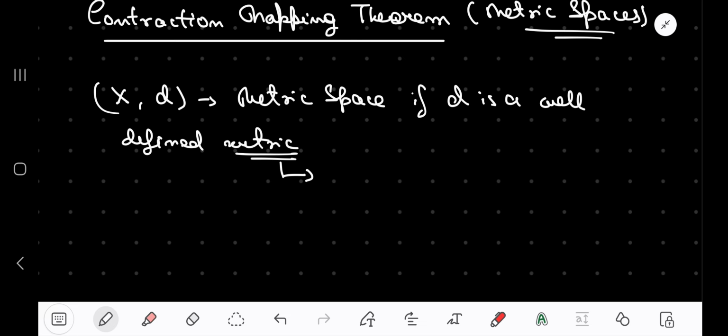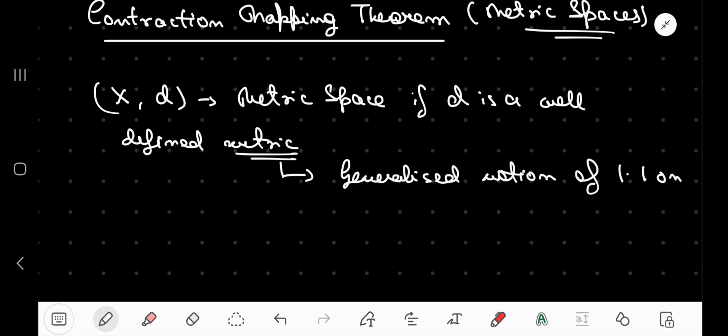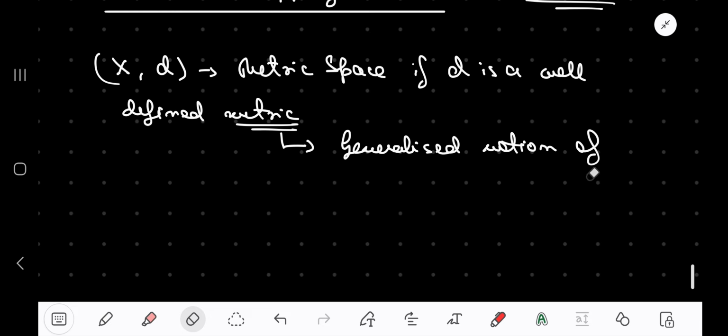A metric is just a generalized notion of the absolute value of the difference between two elements in R. That is exactly what we call the metric in R.